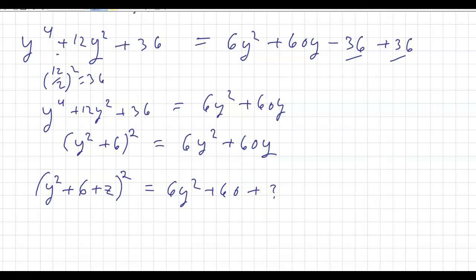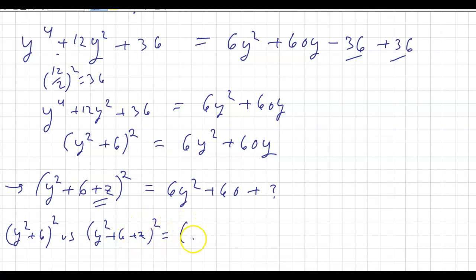The way to see what to put on the right-hand side is to see what really happened. When I stick this plus z in, how much does it change the whole left-hand side by? So I want to compare y squared plus 6 squared versus y squared plus 6 plus z squared.